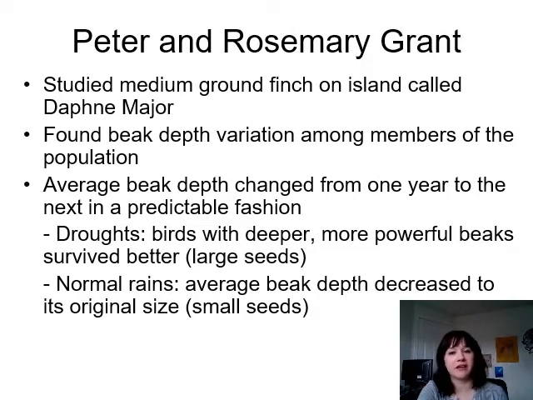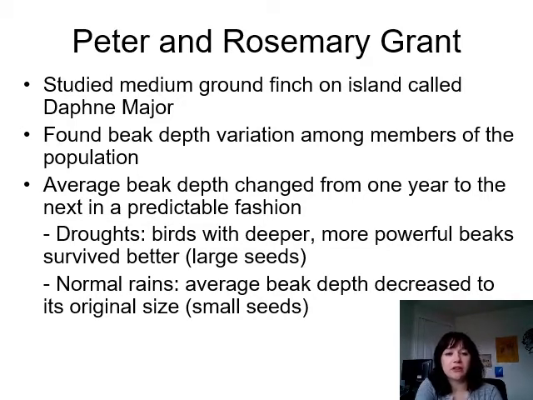So let's look at an example of natural selection using these Galapagos finches and try to see if we can find the three conditions of natural selection present. Rosemary and Peter Grant studied one of the islands, Daphne Major, and looked at the medium ground finch population.